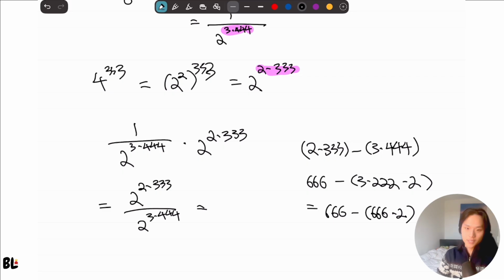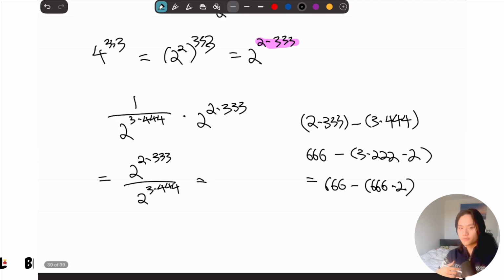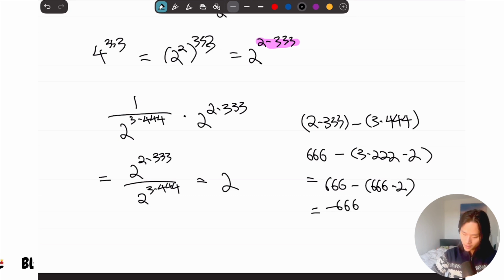So you can see how when we manipulate numbers like that, we don't necessarily have to just do the raw sum of it. Also partly because I haven't prepared well enough for this, so I'm doing this on the go. So 666 minus 666 times 2 is just minus 666.